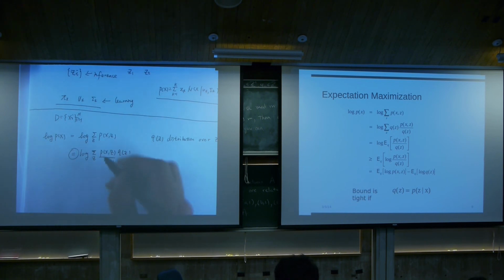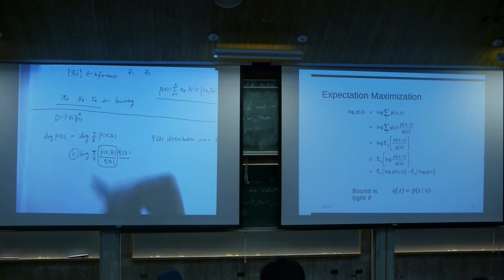And now look at this term. What is this? We have a function defined over z, and here is a distribution, and here we do the summation. This is simply the definition of expectation, right? We use the notation E_q, expectation with respect to q, of p(x,z)/q(z).